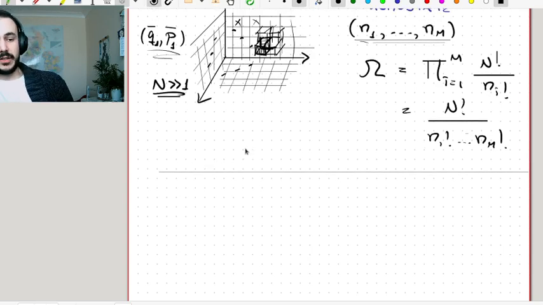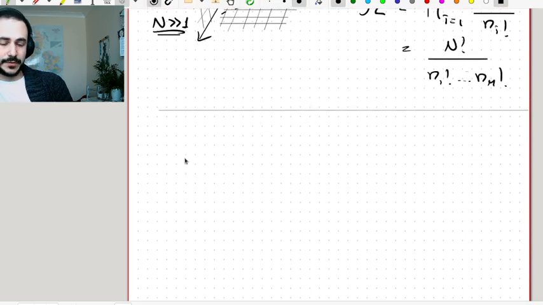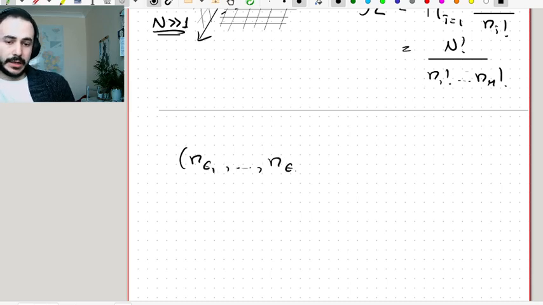So if instead of giving this specification for a macrostate, you give this other specification, n energy 1 up to n energy little m, where the different values of energy that your system may possibly have are E1 up to E little m, okay?